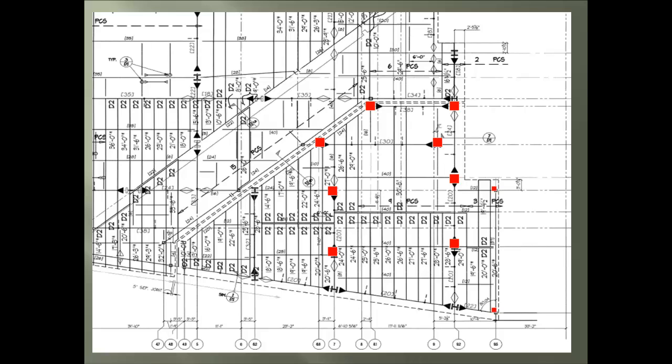Now we have 12 beams. And now the arrows and dash lines will reveal the deck edge that actually separates the building into 2 different sections.